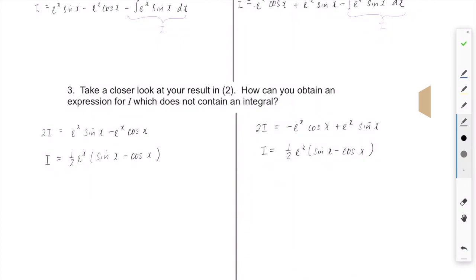Because we haven't really fully dealt with that integral. And thus, I, or the integral of e to the x sine x dx, must equal e to the x over 2 times sine x minus cos x plus c.